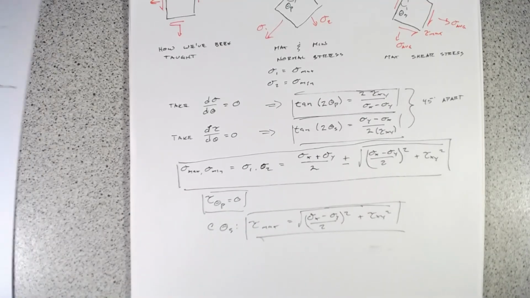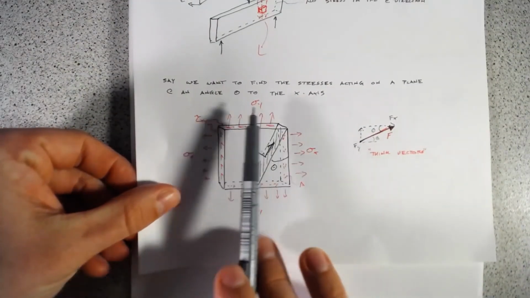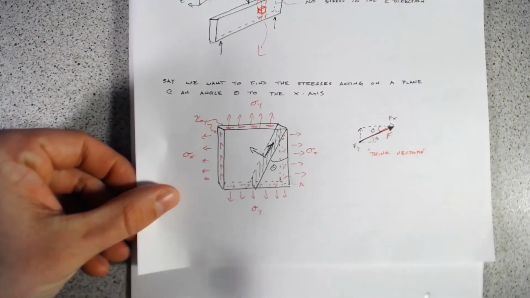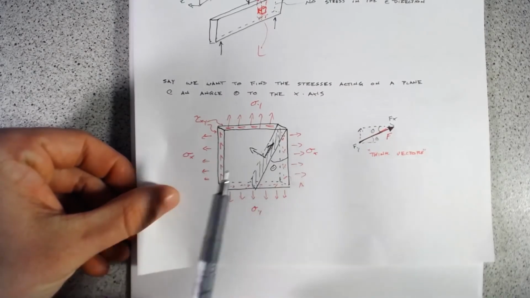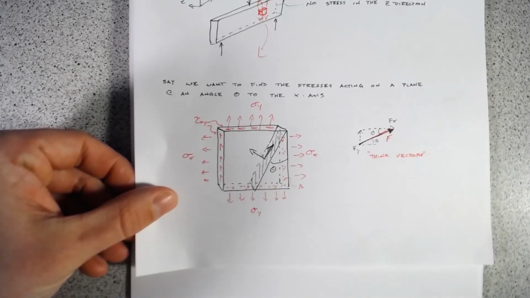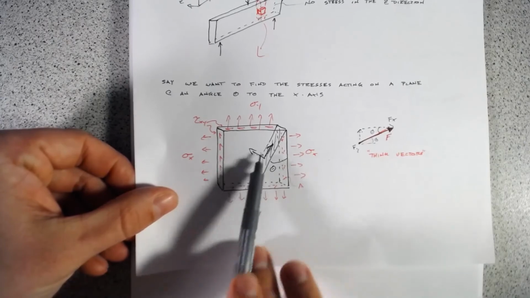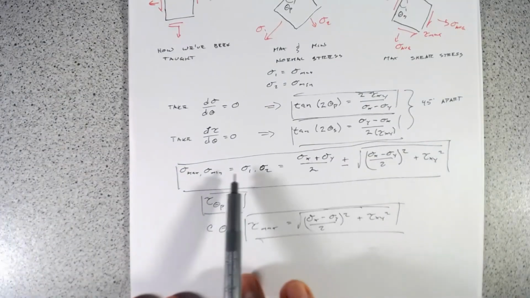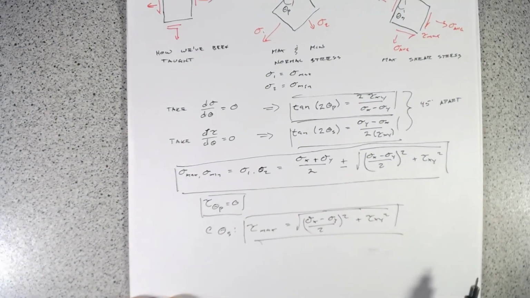What we wanted to do is start with a given stress state in the x and y direction, and find at what point we have our maximum normal stress, at what point we have our maximum shear stress, and what the values of those two are. And it's really this set of equations here that will do that for you.